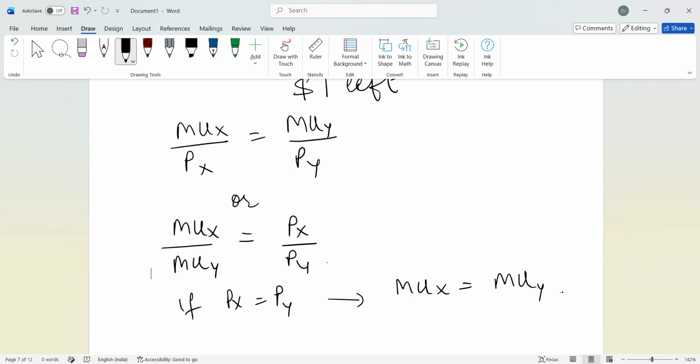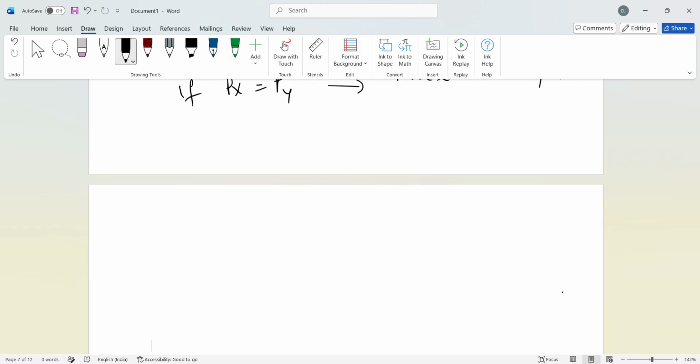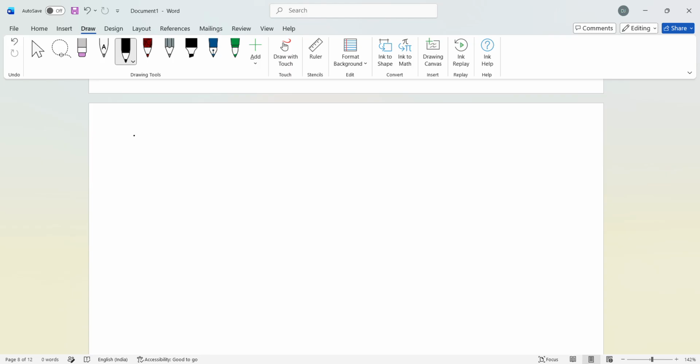Now let's see what happens if one has a higher utility per dollar as compared to the other. What if the marginal utility derived from good X per dollar is higher than that from good Y per dollar?